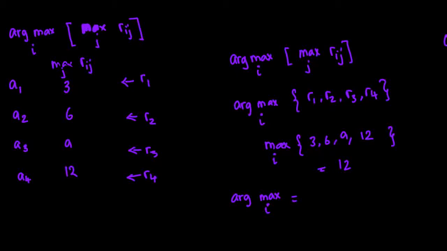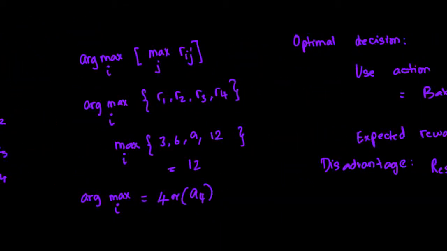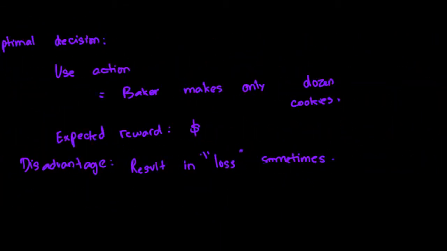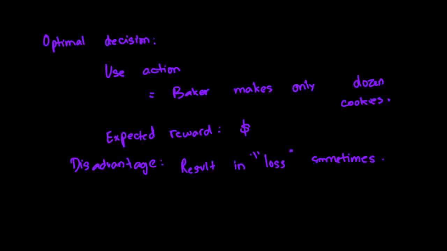So which argument resulted in this maximum of $12? It was index 4 or action 4. You may either write it as 4 or you may call it A4. They are one and the same. So the optimal decision is that we use action A4.